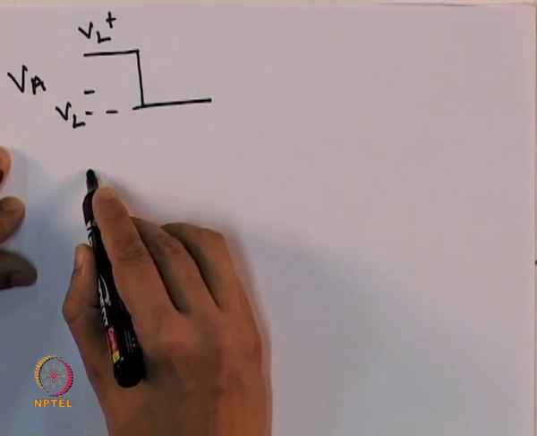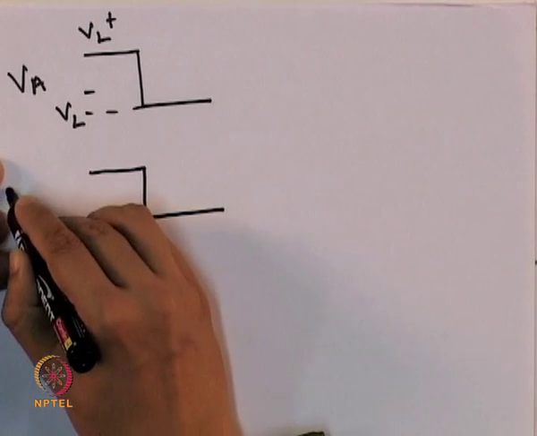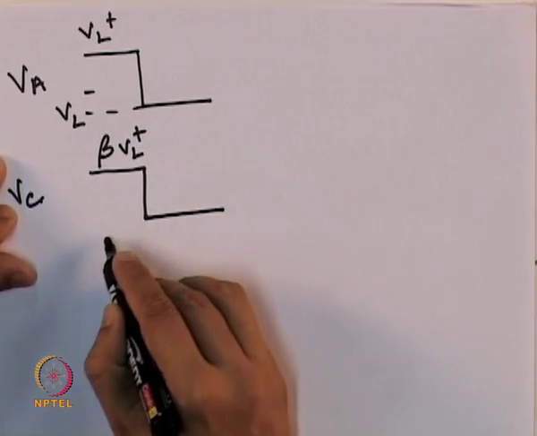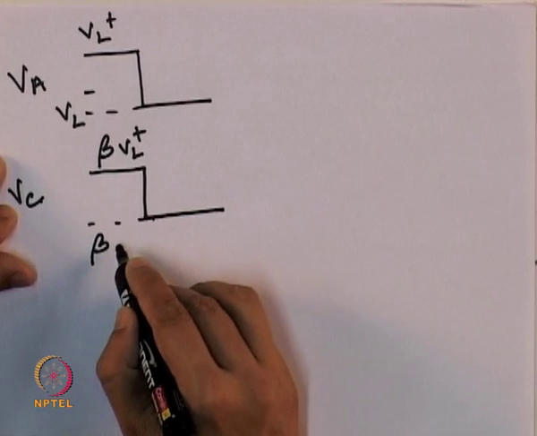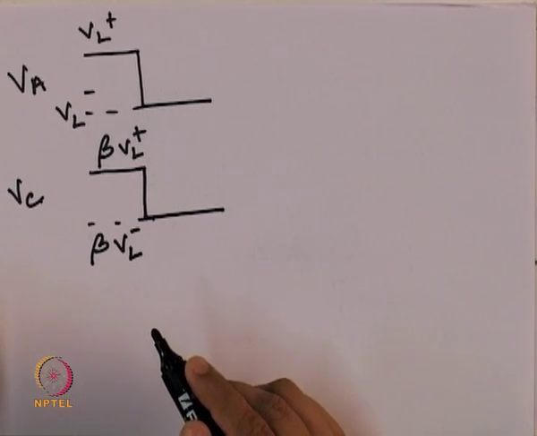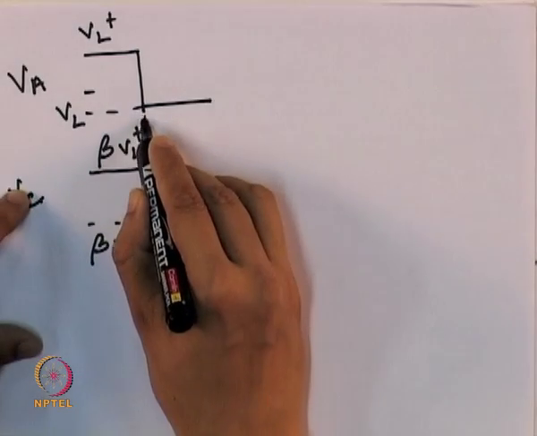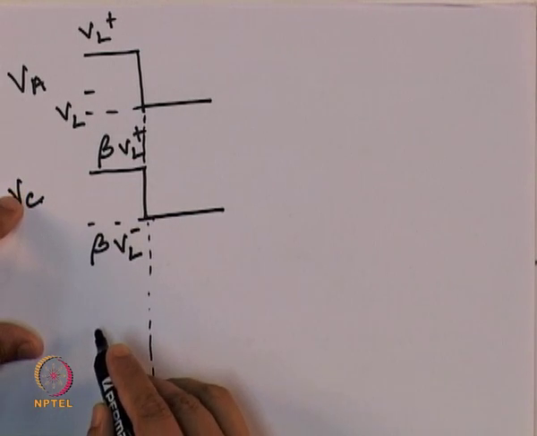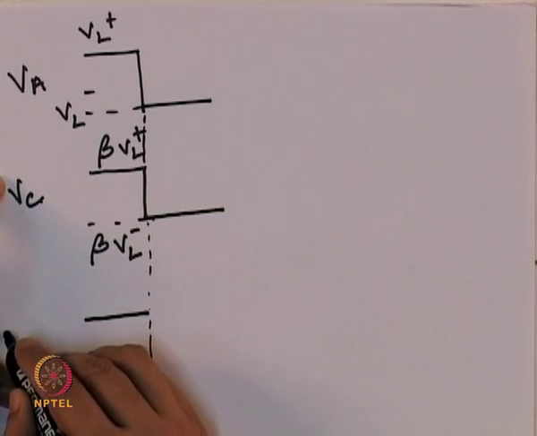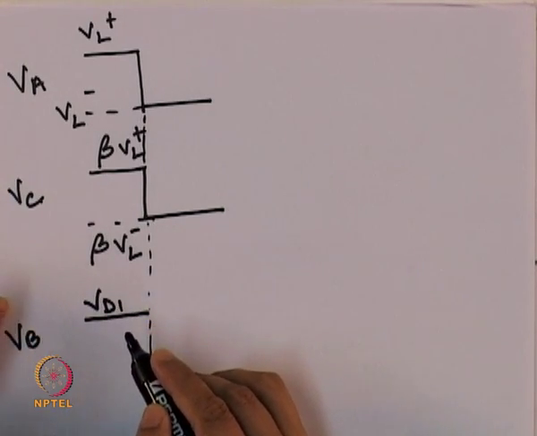Then I have my VC going from beta VL plus to beta VL minus, and I have my VB, which was initially equal to VD1.